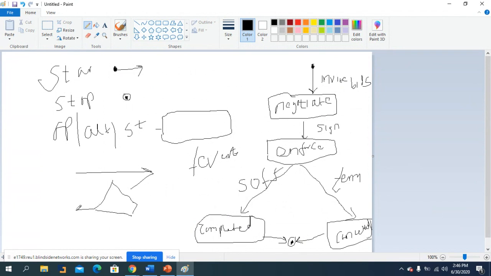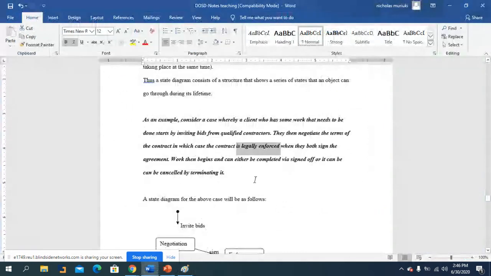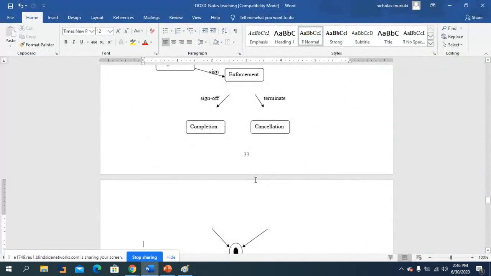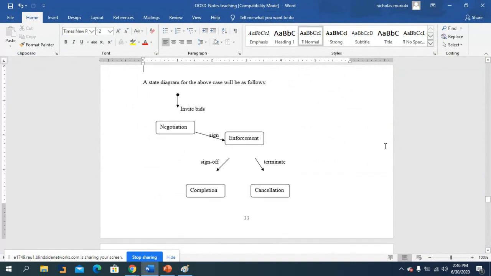If it is sign off, you can have an activity here. If it is terminate, you can have another activity. But these activities must join somewhere here. You can break it here, or you can present it the way it has already been presented. That is why we have presented this state diagram here, and that is why the first one is the event bidding.